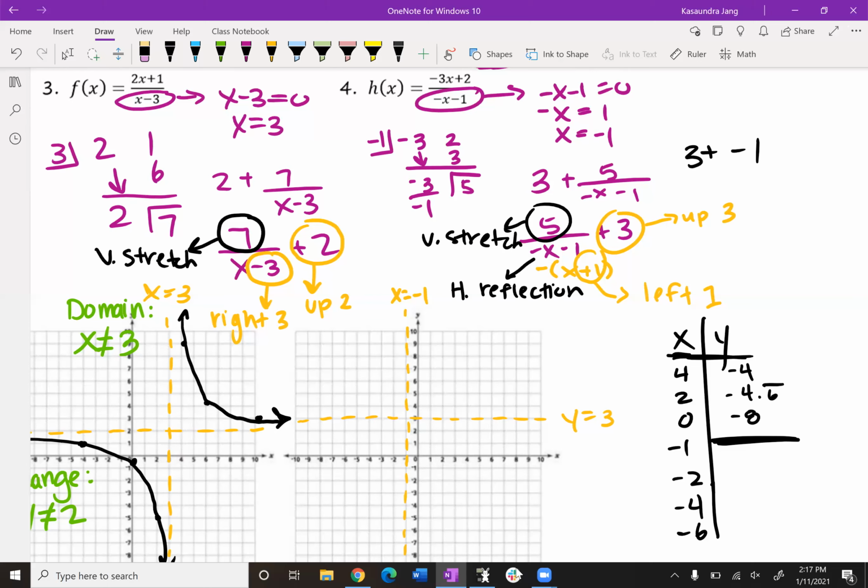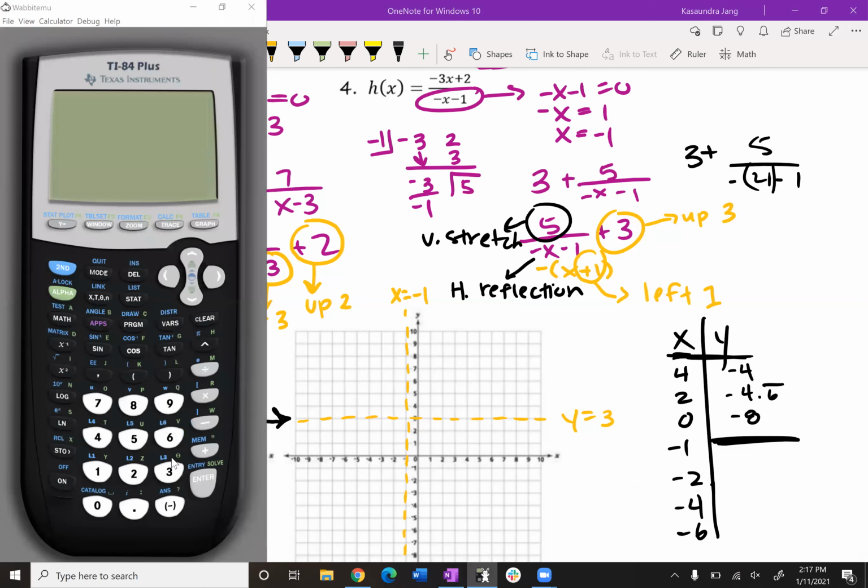Did I put it in wrong? I think I put a parenthesis around the 4 when I inputted it. Was I not supposed to? Did you do it like this or like this? That should be fine. Let me see here. 3 plus 5 divided by, and then you did in parentheses the -4, right?